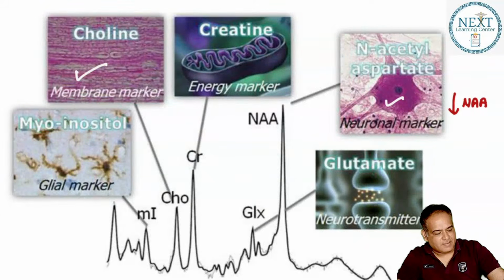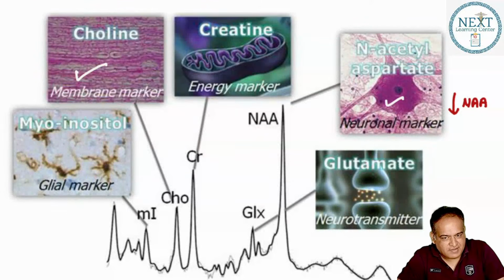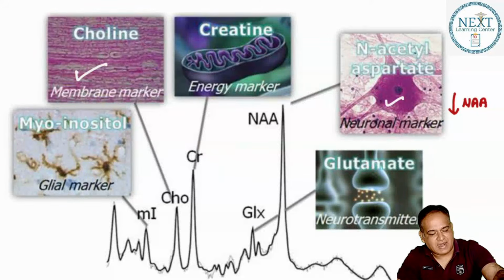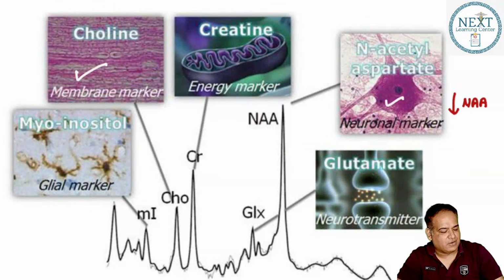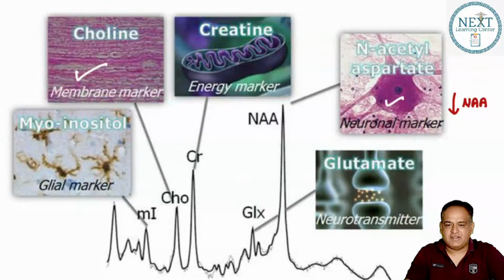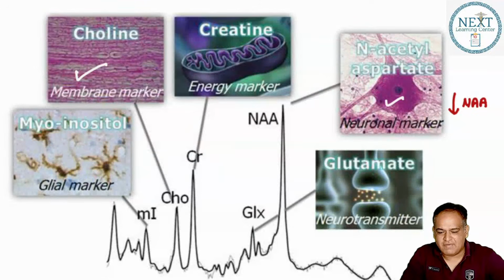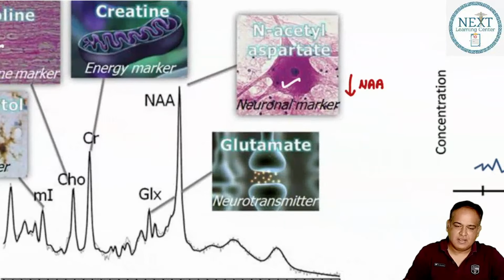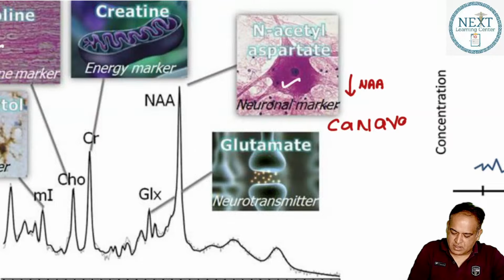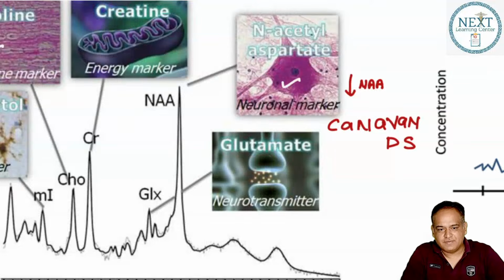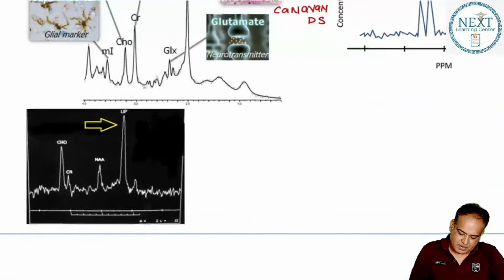Now please, somebody tell me, there is one disease in which NAA values don't decline at all. Which disease is it in which NAA values don't decline, rather they keep on increasing? So that is Canavan disease. Canavan disease.